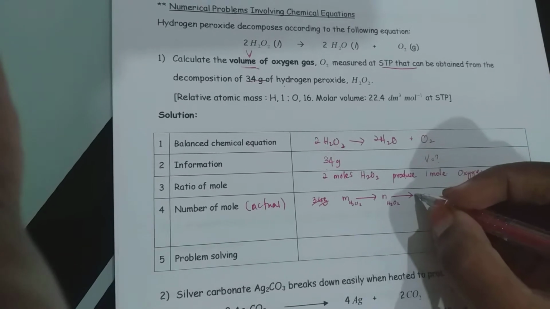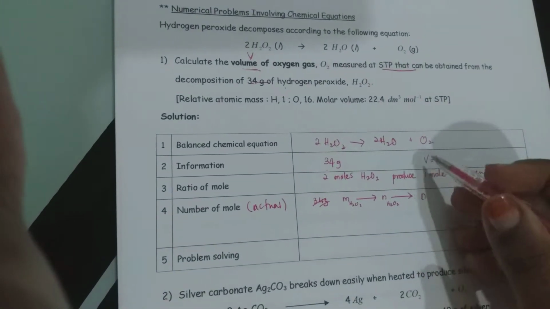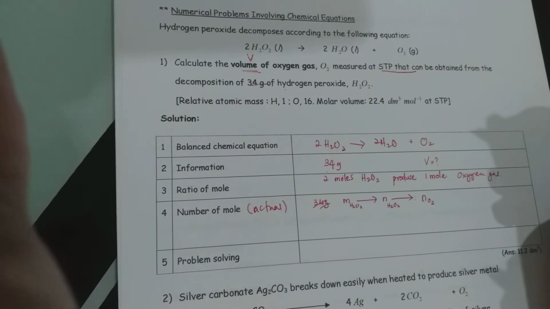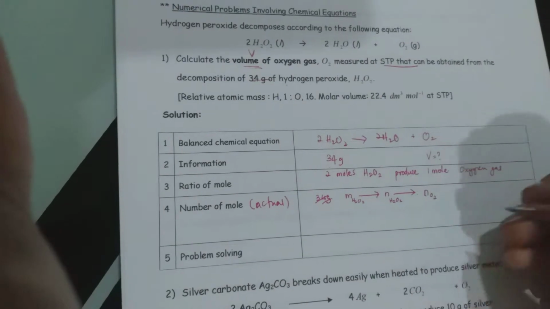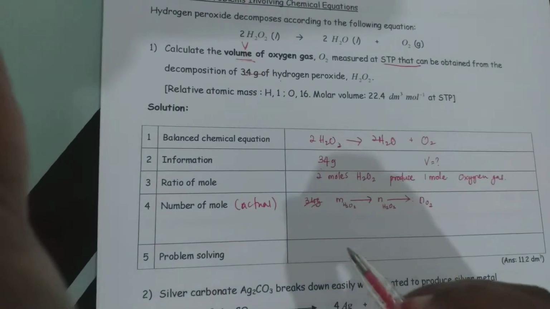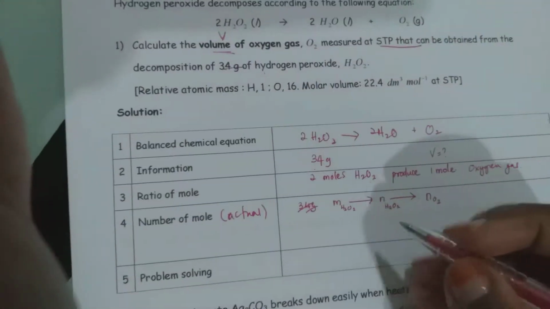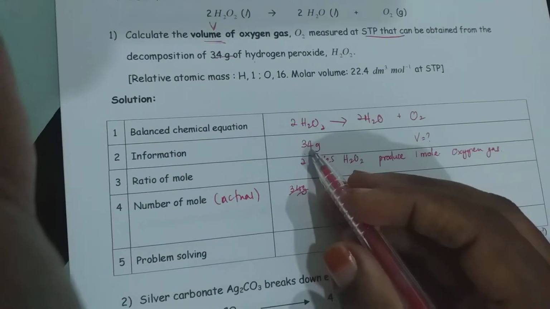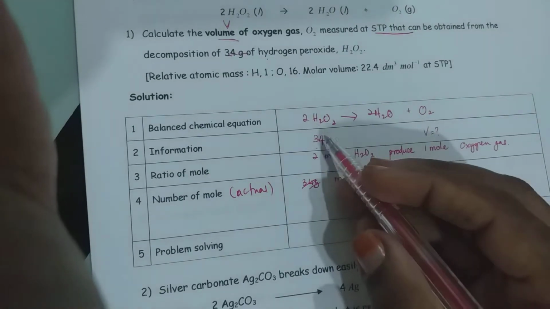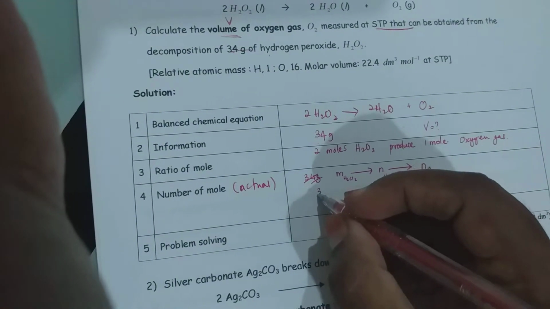Then you compare it with the number of mole of oxygen gas. So use the method of finding the number of mole, from the equation. You are given 34 divided by the relative molecular mass.